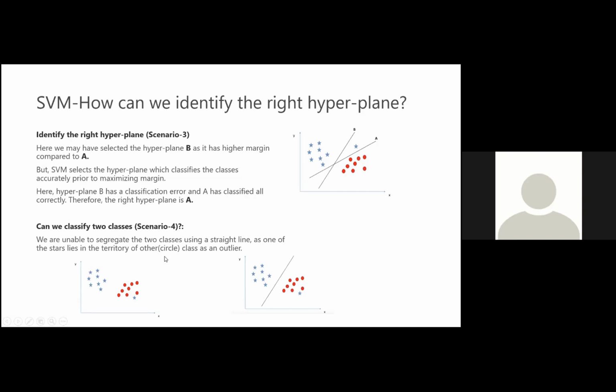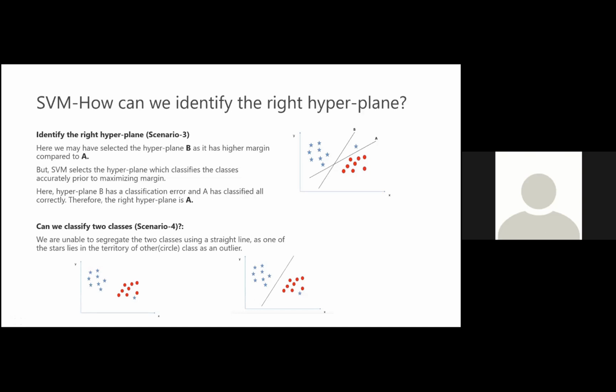Coming to the fourth scenario, here we have the majority of the class points here, and there's one minority class point here. Here it is almost impossible for an SVM to draw a hyperplane, assuming that it's a linear hyperplane. There are also some other techniques which plot non-linear hyperplanes as well.